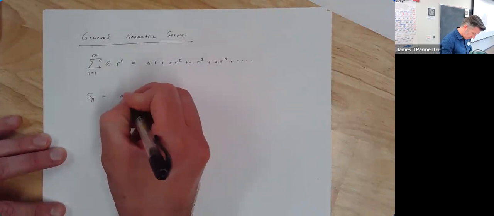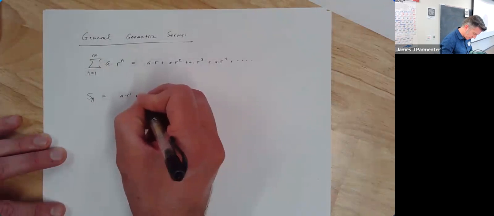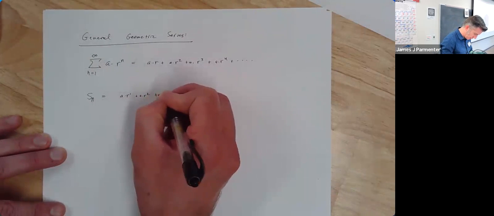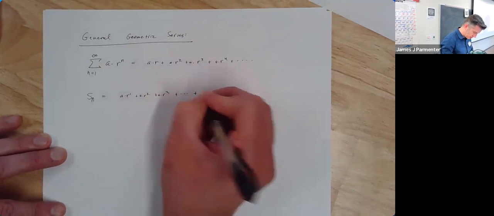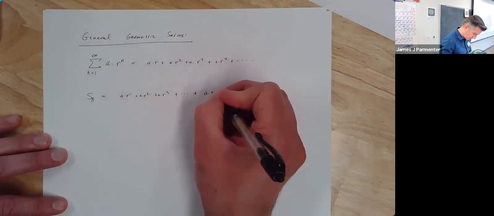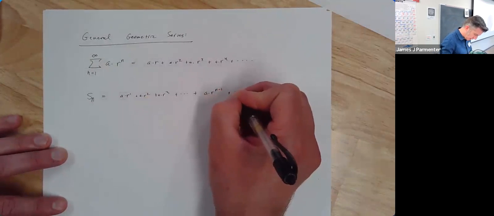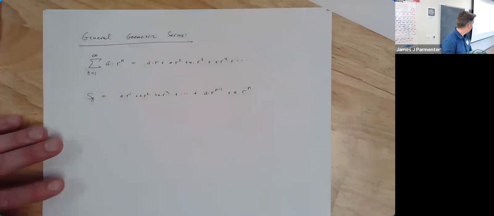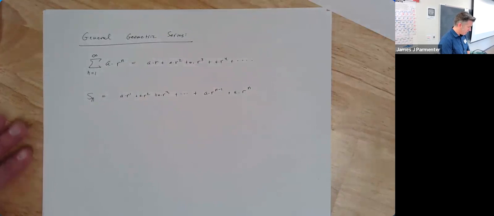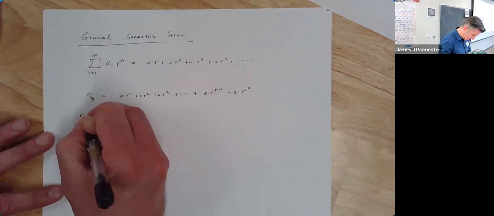So a times r for the first, plus a times r squared, plus a times r cubed, all the way to the last two terms, a times r to the n minus 1, a times r to the n. And then I'm going to multiply that whole sum by r. So r times Sn.